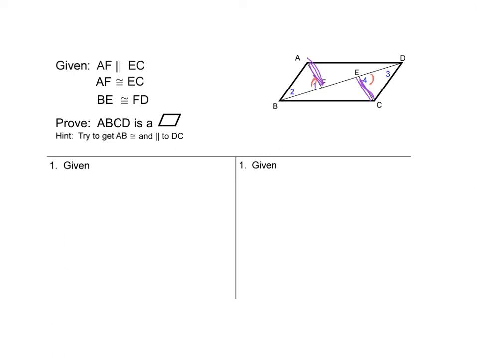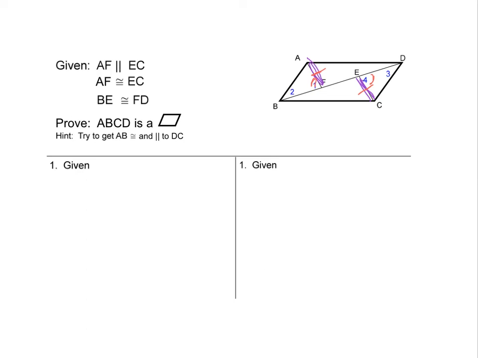We also have that AF is congruent to EC. So far, if you look at these two little triangles, AFB and triangle DEC, we're going to try to get those triangles congruent. So far we have a side and an angle.